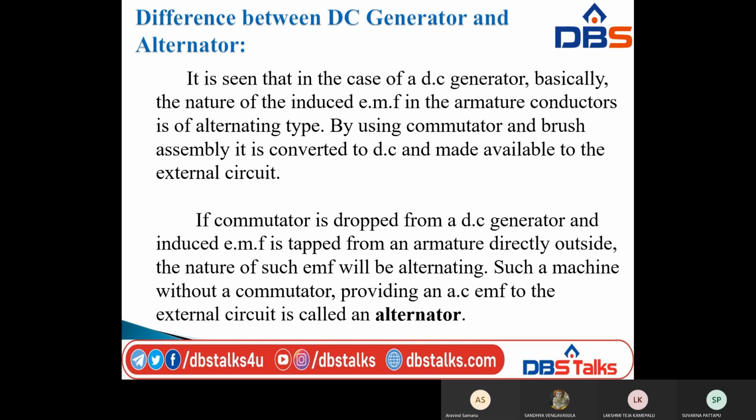If the commutator is dropped from a DC generator and the induced EMF is tapped from the armature directly outside, the nature of such EMF will be alternating. Previously I used a commutator in the DC generator, but here the commutator is dropped.